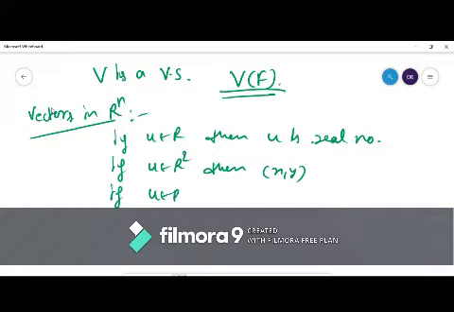If u belongs to R cube, then u can be written as x, y, z, where x, y, z are real numbers, and so on. If u belongs to R raised to power n, then u is of the form x1, x2 up to xn. These are vectors in Rn.